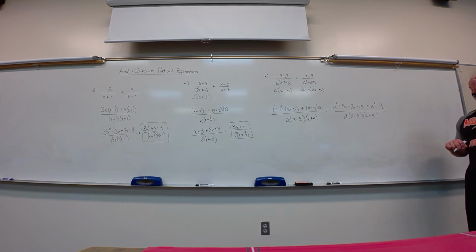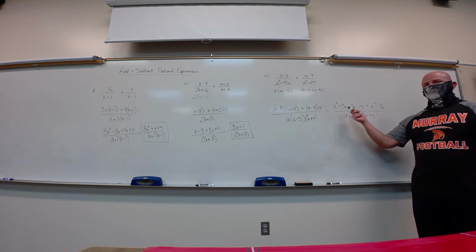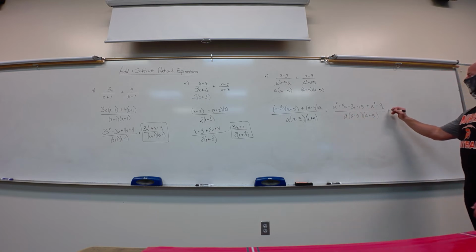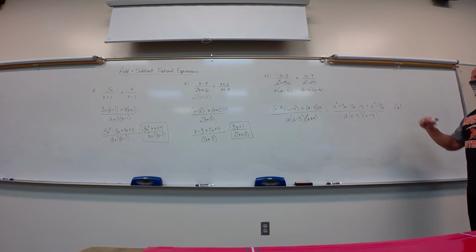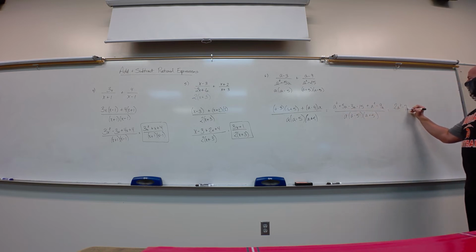Let's see here. I've got a squareds I can put together. That would be 2a squared. That would be 2 minus 9 is negative 7a minus 15.